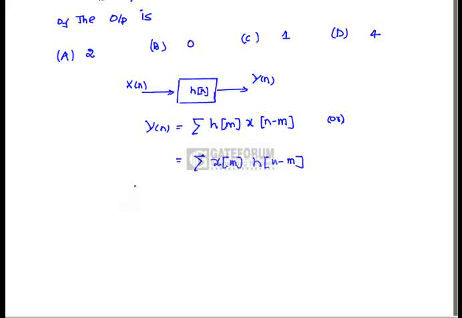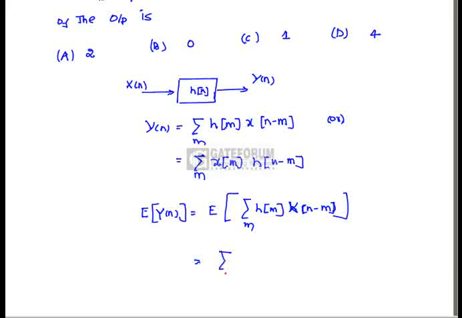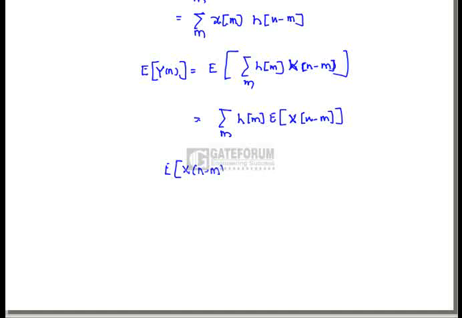If we apply the mean to the output equation, that is, expectation of y of n equals the expectation of the summation, then the summation over m of h of m times expectation of x of n minus m, which is given in the problem, is 0, because x of n is a white noise process whose mean equals 0.